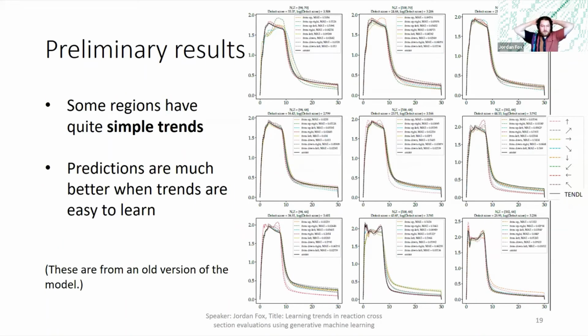Okay, so now I want to show off some preliminary results. But I want to say the results I have here are not actually from our most current version of this model that I'm working on at present. These are from a previous case where we had tried some things and ended up getting decent predictions in certain areas, but the model ended up failing in another test that we were doing.